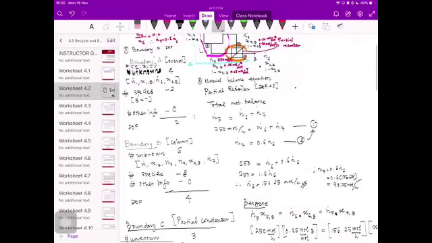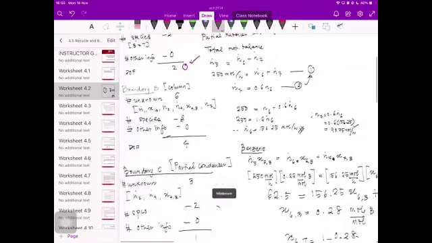So for the overall system, we already have 6, we know N6, so now our unknown is reduced to 2, so we should be able to solve it. All right, so this is solvable now.